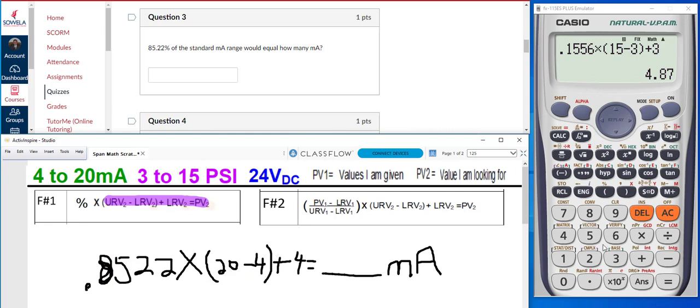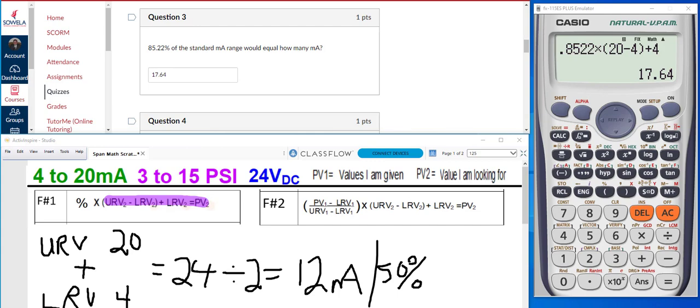So it would be, looking at the calculator, 0.8522 times (20 minus 4) plus 4. 85.22% of 4 to 20 milliamps is 17.64 milliamps. You're just going to put in the number. You're not going to put little m big A.